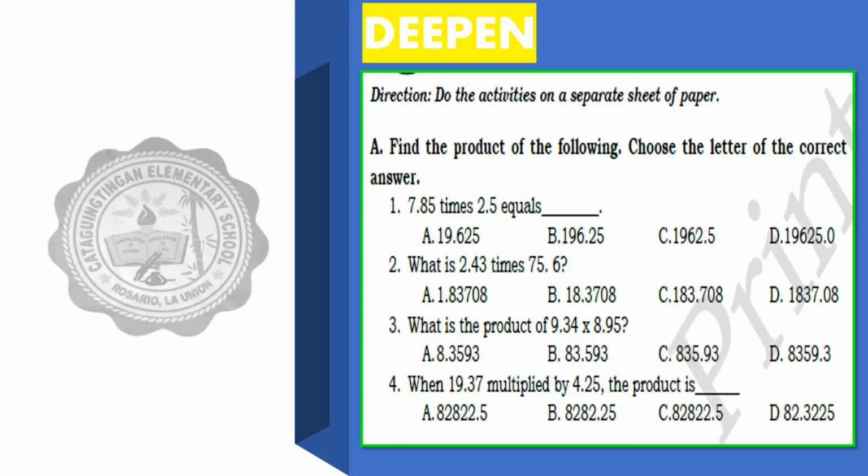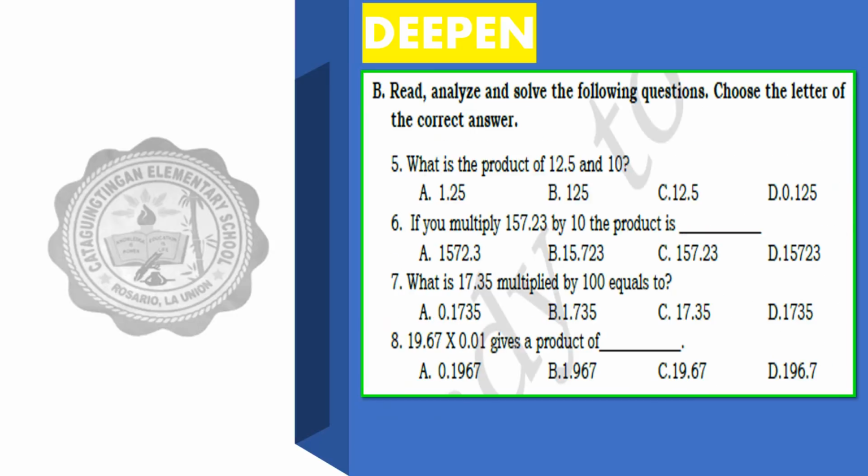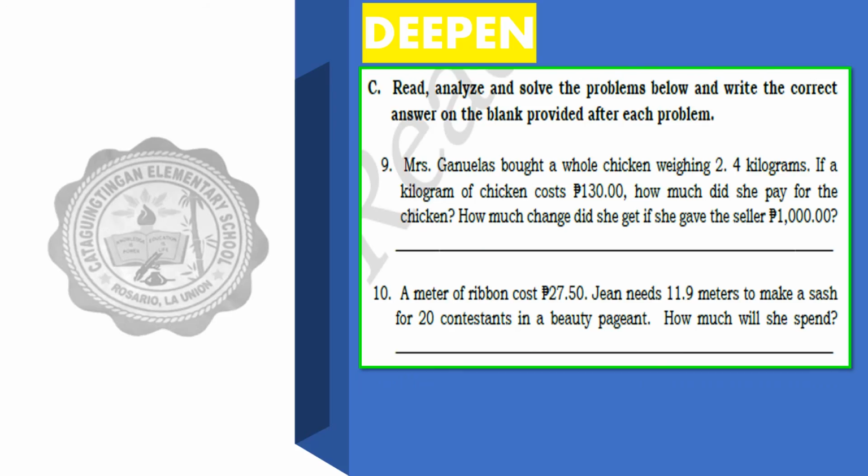Choose the letter of the correct answer. On your answer sheet, just write the letter. Letter B, read, analyze, and solve the following question. Choose the letter of the correct answer. For 5 to 8, just write the letter again on the answer sheet. Letter C, read, analyze, and solve the problems below and write the correct answer on the blank provided after each problem. So for 9 and 10, read the problem carefully, analyze it, then solve.